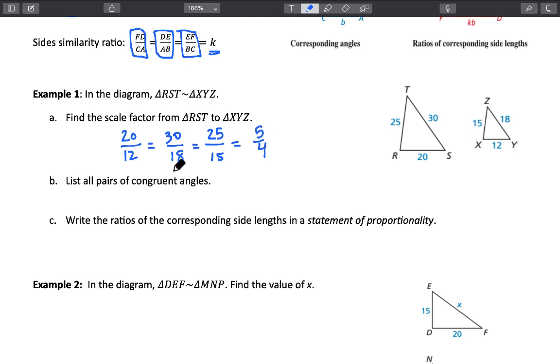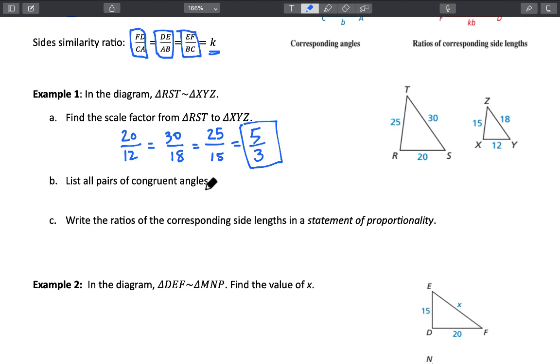Just kidding, that's not 5/4. We're going to reduce all of these here. That's 10, 6, and that reduces to 5/3. There we go. This one's going to reduce down to 5/3, and then yes, 5/3. So we got the right similarity ratio or scale factor.